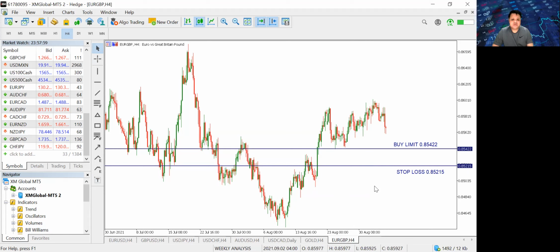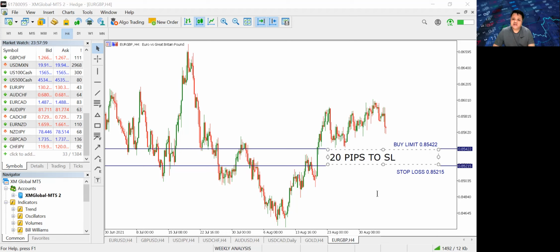So, 20 pips. Alright? Not bad. So, ngayon, kayo ang magtatansya sa inyong volume. Kasi ang, again, ibibigay ko na yung pips nito. This is 20 pips to SL. Yan ang kanyang risk. Alright?